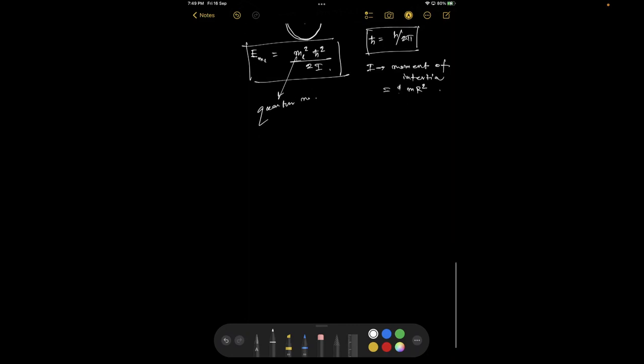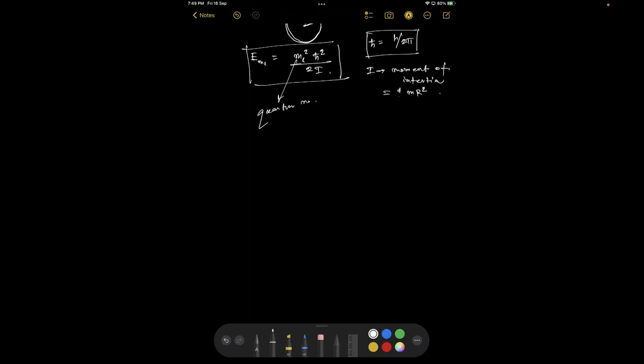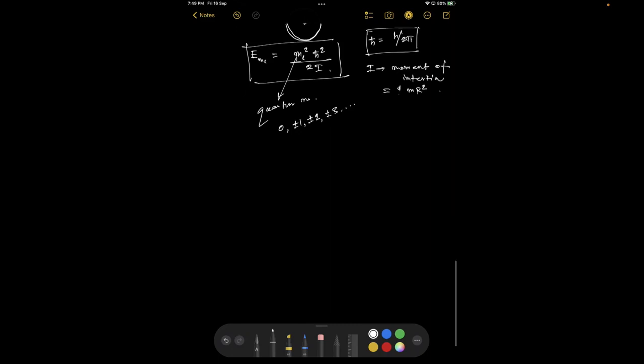Now the possible values of the quantum number ml in the particle in a one-dimensional ring are 0, plus minus 1, plus minus 2, plus minus 3, like this. So in this case the 0 value is allowed. If you put ml equal to 0, there will be just one state, right?